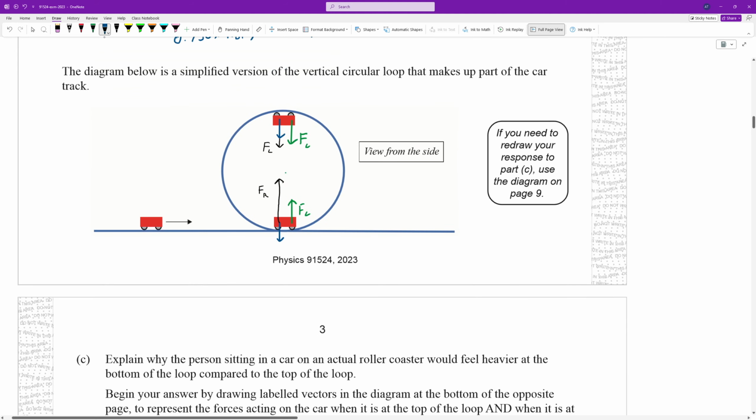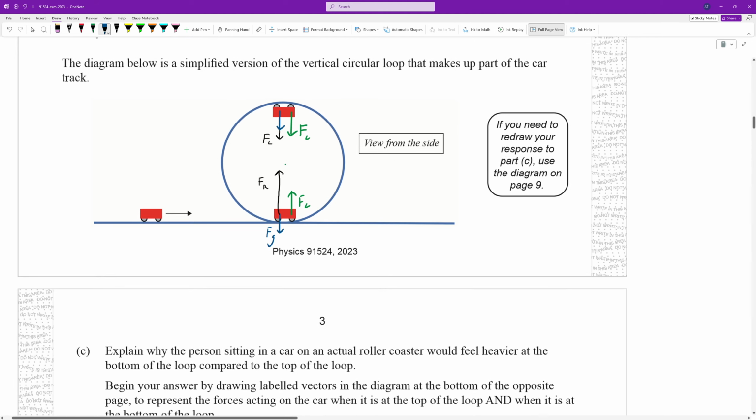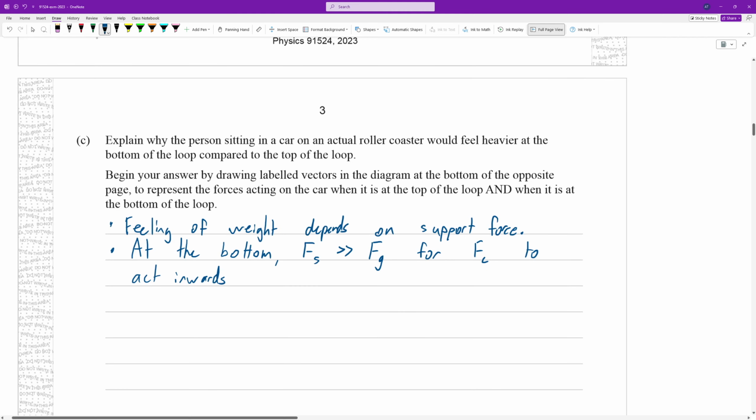And again, back to our diagram, the black arrow, Fr, is greater than Fg, because when you add them, the result needs to be upwards in order for this circular motion to occur. So they feel heavier.